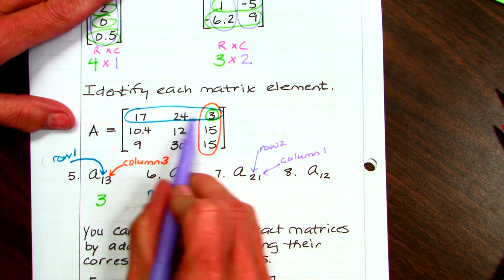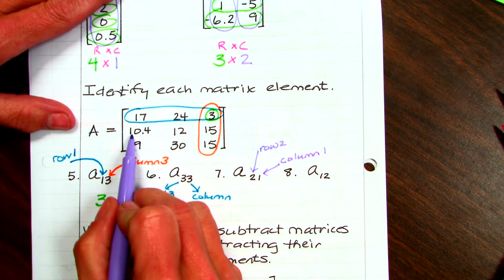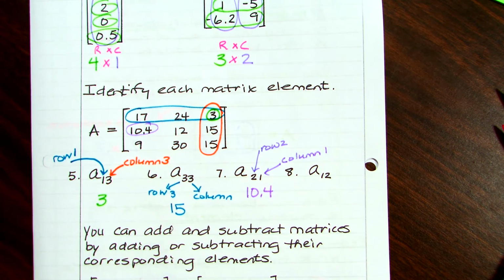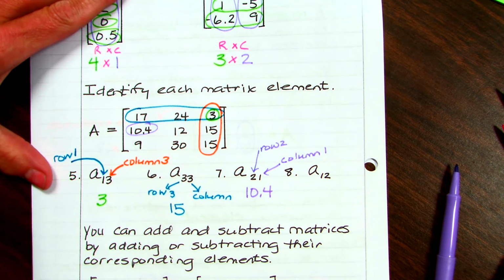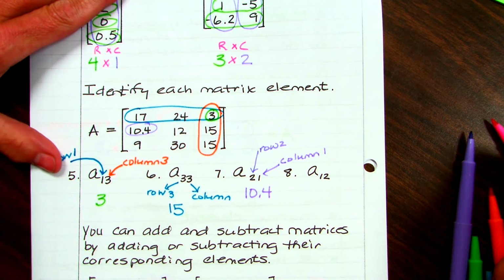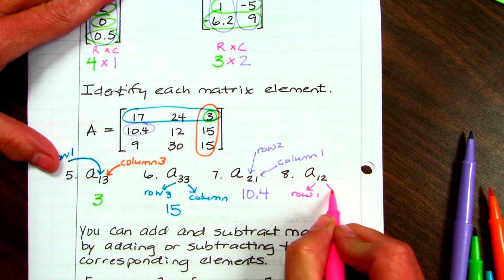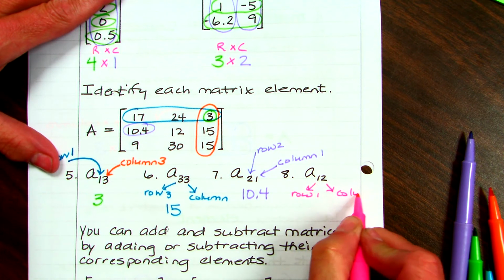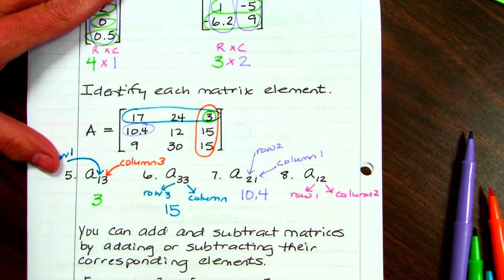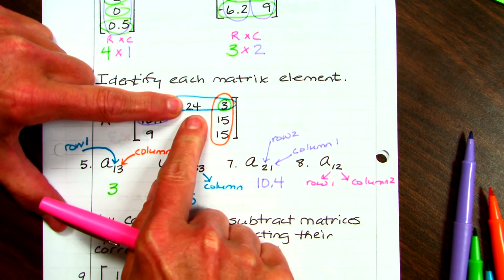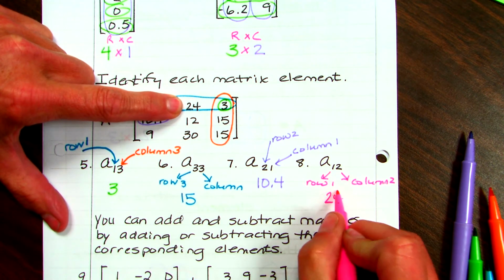So row 2, and then column 1, that would be 10.4. And then the last one is row 1, column 2. So row 1 and then column 2, that would be 24.